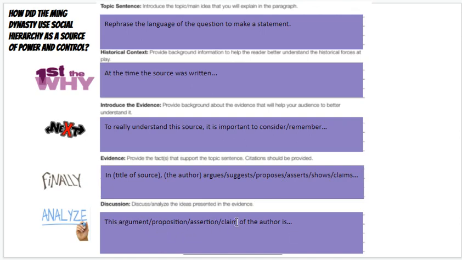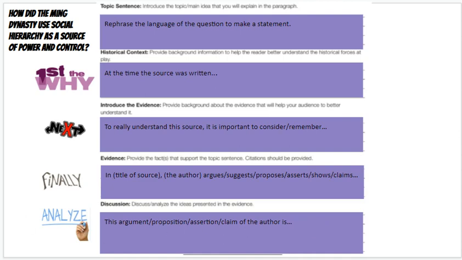You could say this claim, instead of the author, this claim, or Ricci's claim. This claim by Ricci is that Confucian belief was very important to the Ming Dynasty, and it demonstrates how social hierarchy was used as a source of power and control, because the most educated people who were higher up in the social hierarchy, they were the ones who were running society.